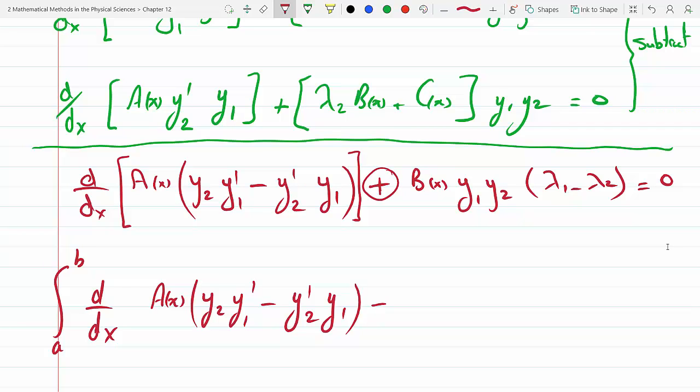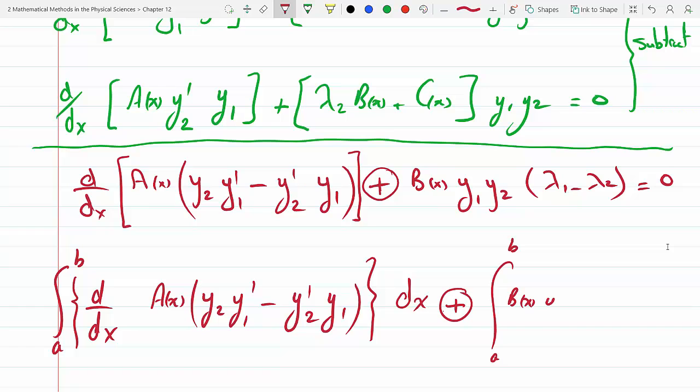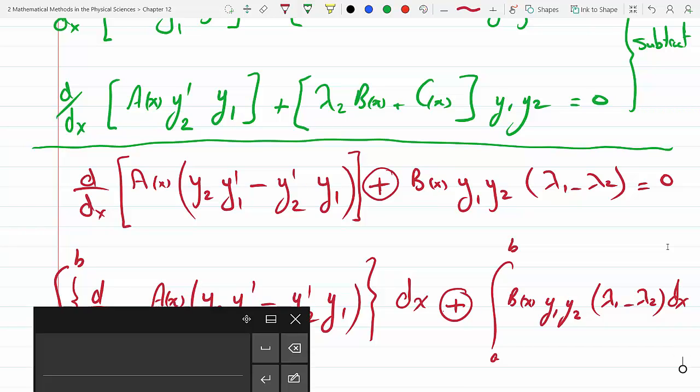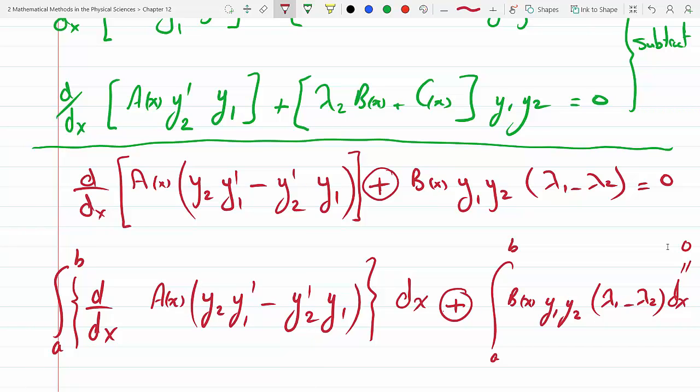This whole thing is integrated with respect to x, so this is dx, plus the integral from a to b of b of x y1 y2 lambda 1 minus lambda 2 dx, and this equals 0 of course.